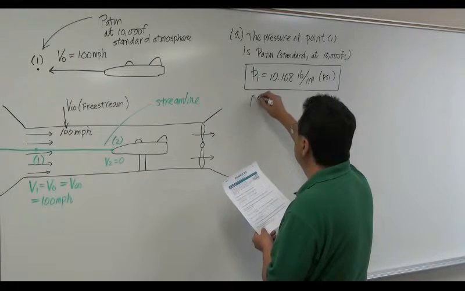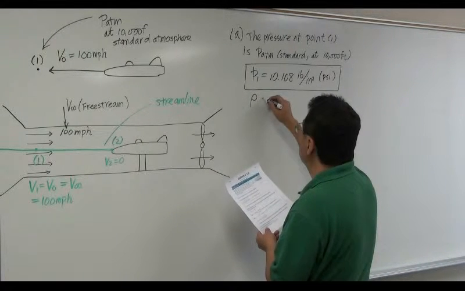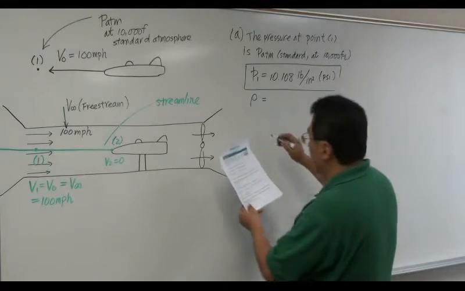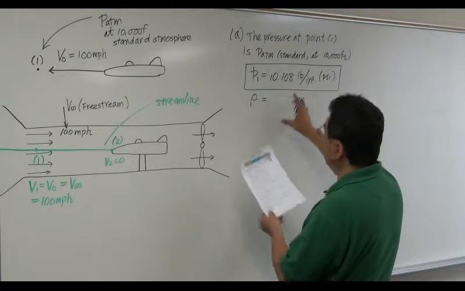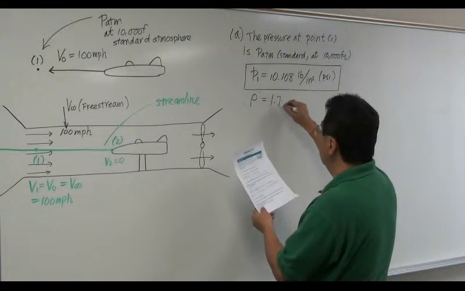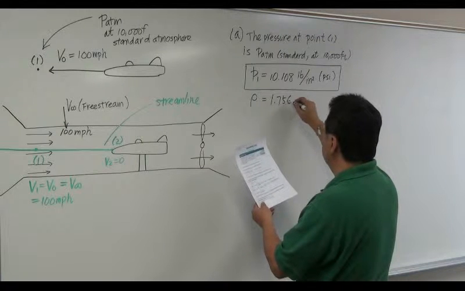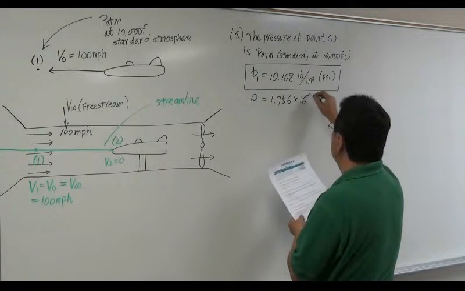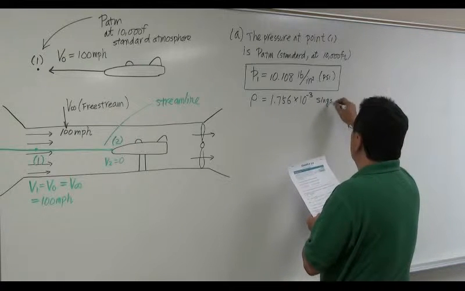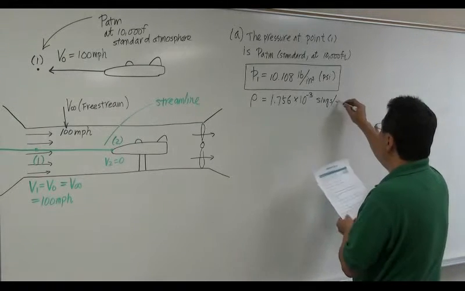On the side, let's find the density at this given 10,000 feet altitude. If you look up the same standard atmospheric table, you're going to get 1.756 times 10 to the minus 3 slugs per cubic foot.